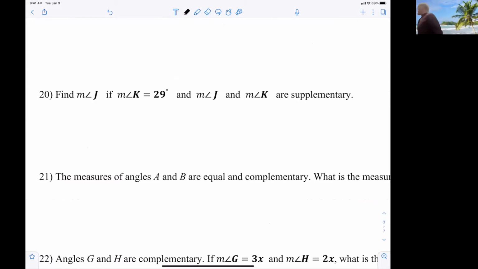So it's saying find the measure of angle J. 151, I'm totally fine with that. So I want everybody to write it properly. Measure of angle J equals 151 degrees.